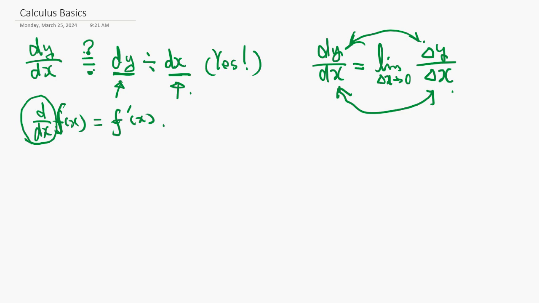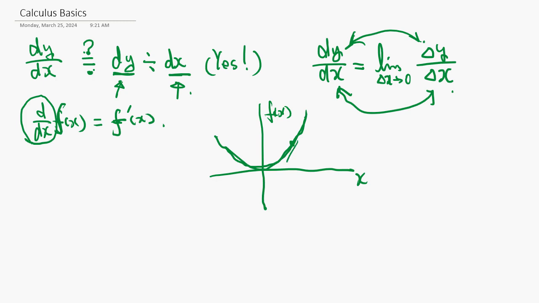Okay, what is the derivative function? When you have any function f(x), if the function is continuous, it has to be continuous, because I'll explain this later, a continuous function has a derivative function associated with it.